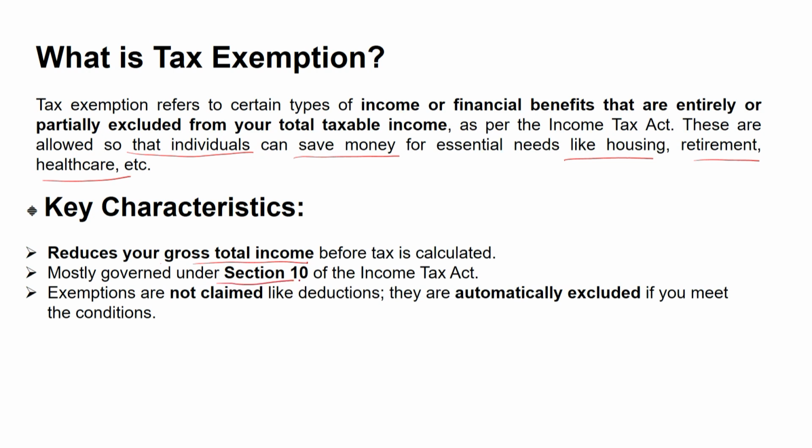Mostly it is governed under section 10 of the Income Tax Act, and exemptions are not claimed like deductions. They are automatically excluded at the time of computing the total taxable income of the assessee. That means you do not need to first calculate your total income and then deduct the exempted amount. Automatically, all the tax exemptions are excluded at the time of computation of total income.